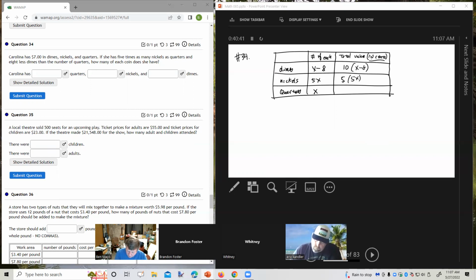A quarter is worth 25 cents, so the total value would be 25 cents times the number of quarters. If I take the total value of the dimes plus the nickels plus the quarters, all in cents, I get the total value, which is $7 or 700 cents.